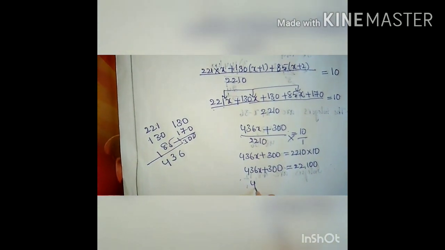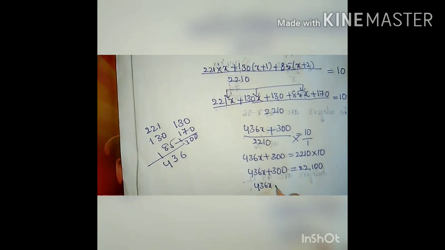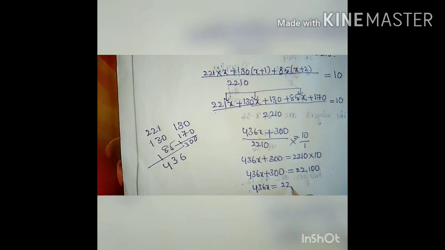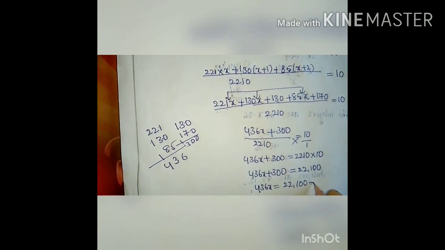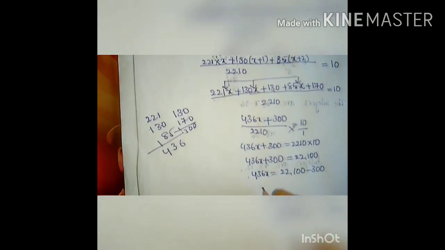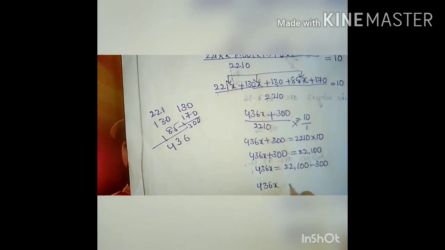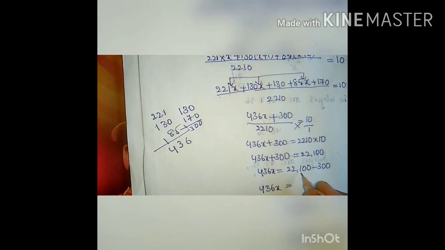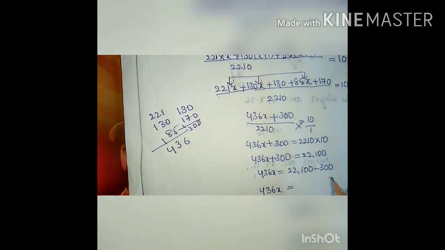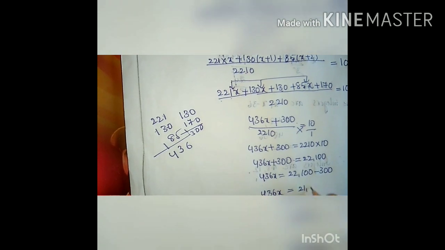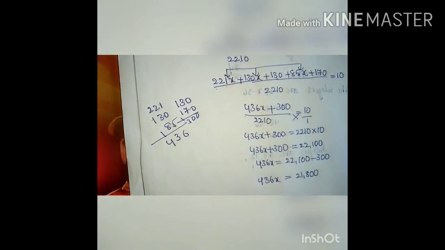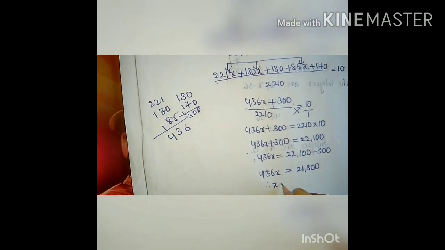So 436x equals 22,100 minus 300. So 436x equals 21,800.